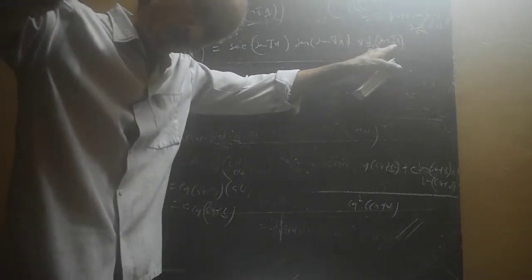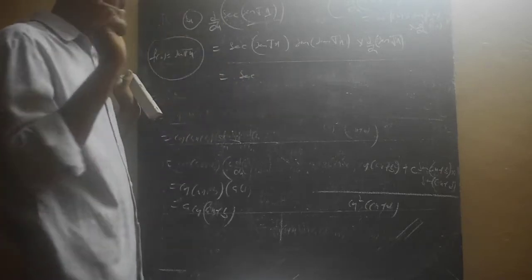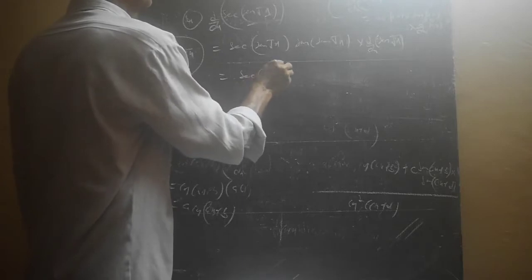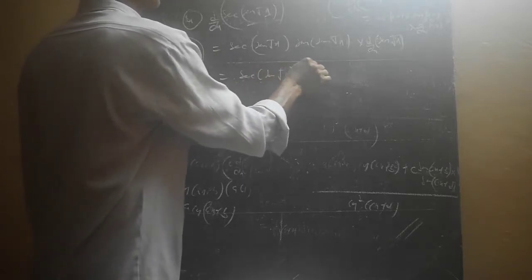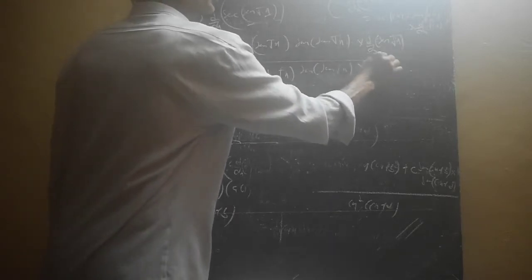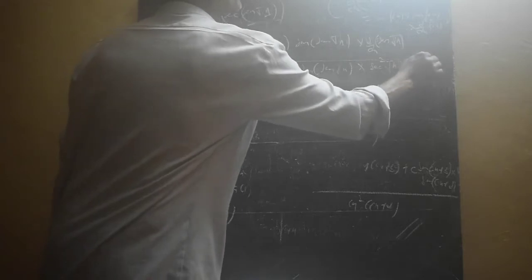Therefore, it is also in the form of tan f of x. The differentiation of tan f of x is sec square f of x into d by dx of f of x. So sec of tan root x into tan of tan root x into sec square root x into d by dx of root x.